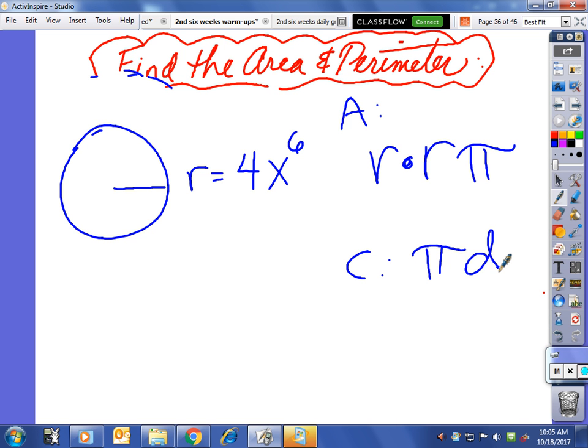It's diameter with a pi on it. But you do need to work towards remembering those. They're not going to give you those on CBAs and such. You do get a formula chart, but it doesn't have area and perimeter of flat figures. And there could be one on the test, on the end of course exam as well. Your end of course exam's not until May.